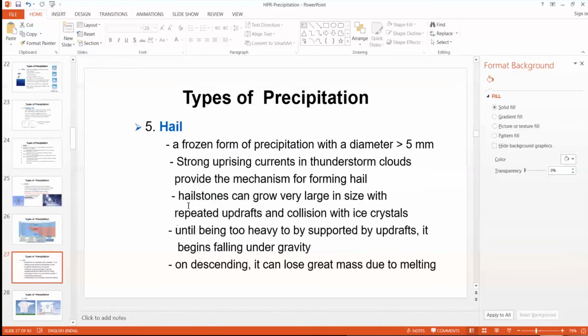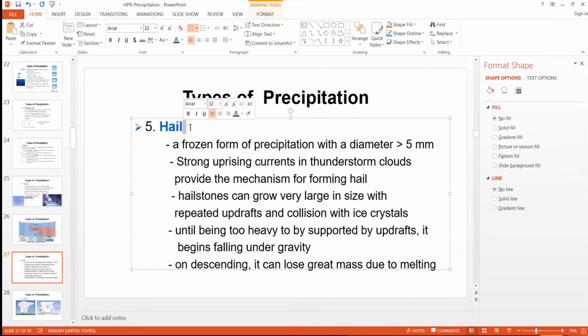So another type of precipitation is hail. These are the hail. It consists of ice pellets where the pellet diameter is more than 5 mm. These hails can occur anywhere.